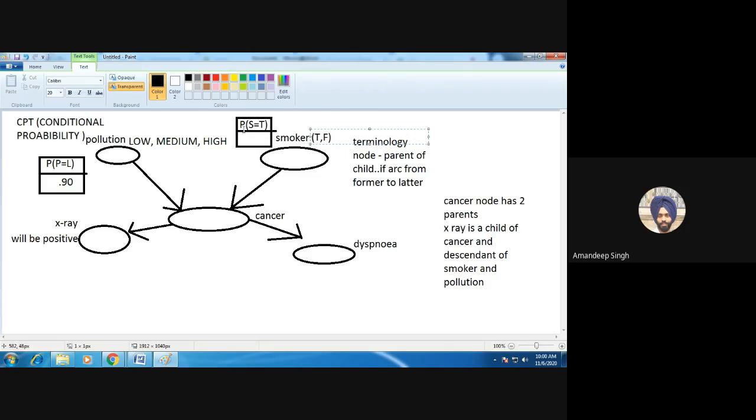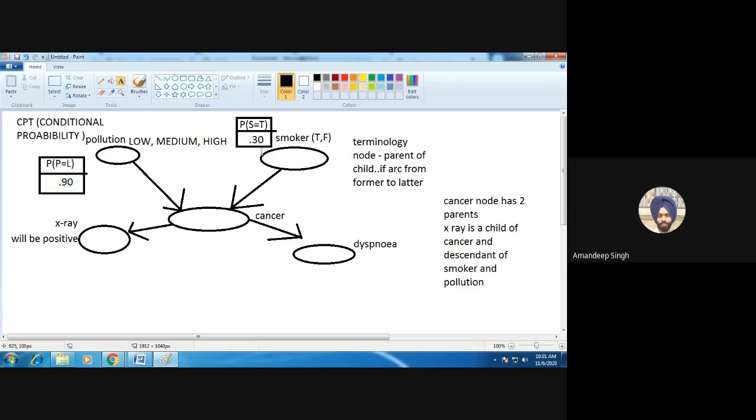And here I am assuming that the probability of smoking being true might be 30%, leading to the cancer node. So this is how the conditional probability tables look.